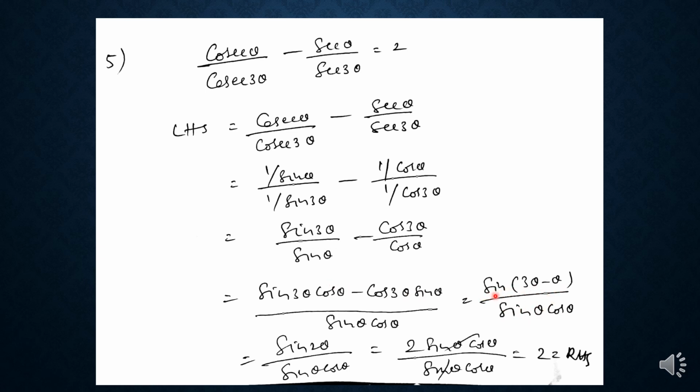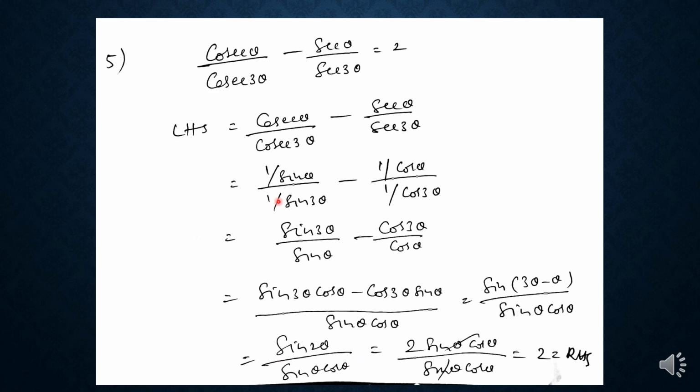What is sin of 3 theta minus theta? Sin 2 theta by sin theta into cos theta. What is the sin 2 theta formula in terms of sin theta and cos theta? 2 sin theta into cos theta by sin theta into cos theta. So sin theta gets cancelled, cos theta gets cancelled, that is equal to 2.